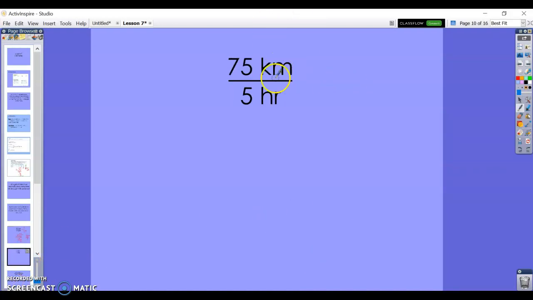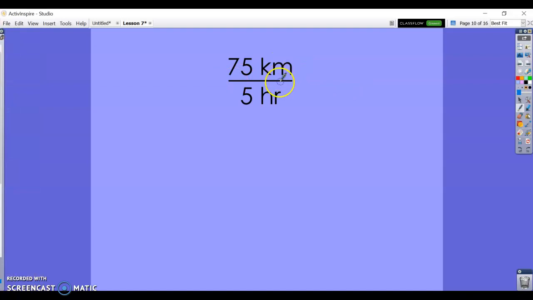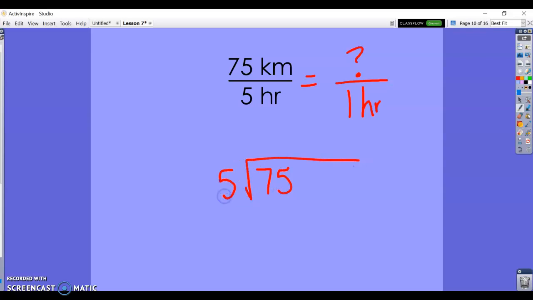If I am traveling 75 kilometers every 5 hours, I want to know how many kilometers I'm traveling in 1 hour. So for 1 hour, I want to know how many kilometers I can drive. So I'm going to take my 75 and divide it by 5.